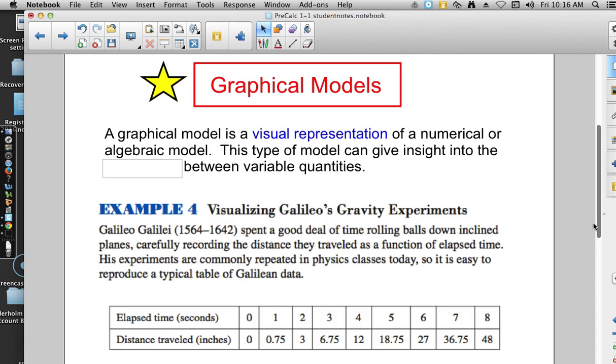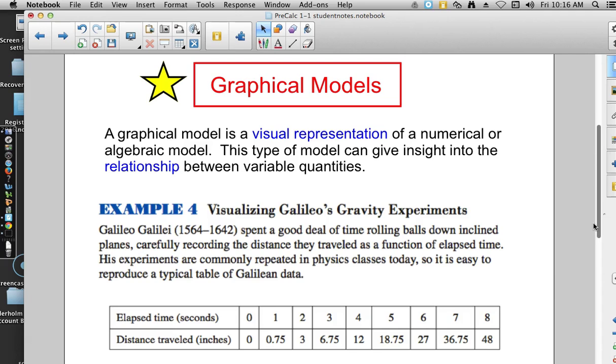So we can use a line for a model of this. Do they look like maybe a parabola? So we can maybe use a parabola to model what's going on here. And that type of model can give insight into the relationship between the variable quantities. Because like I said, if we can see the shape, we can think, what have I done in math before that would give me that shape? How am I going to get that information?